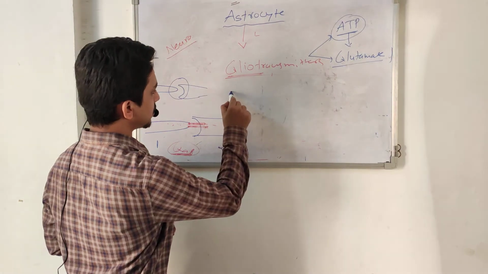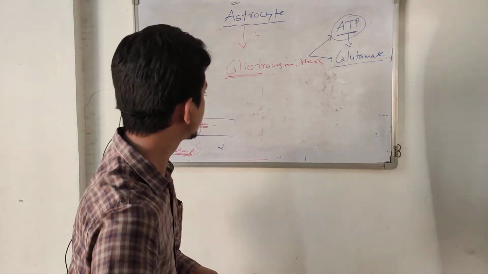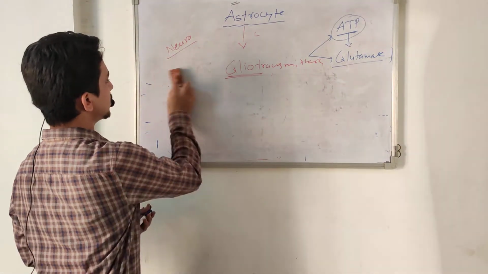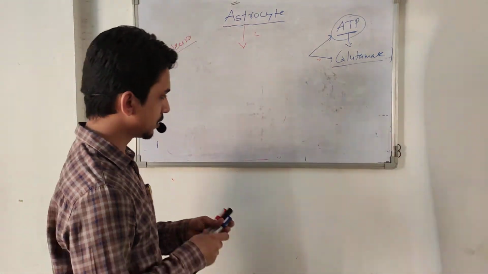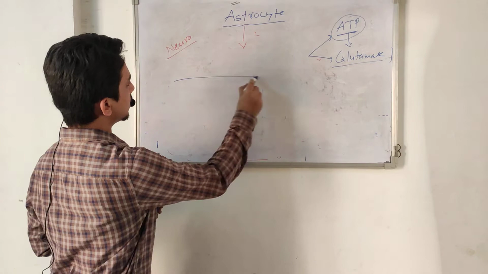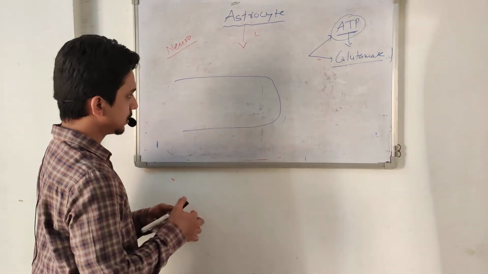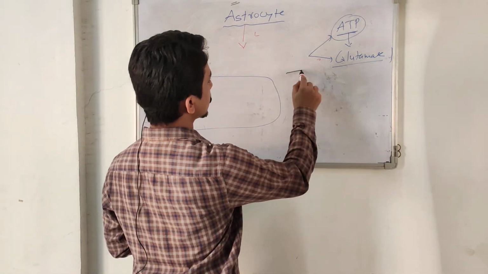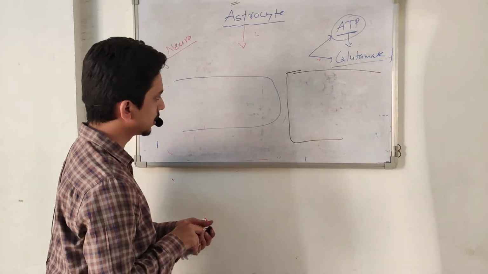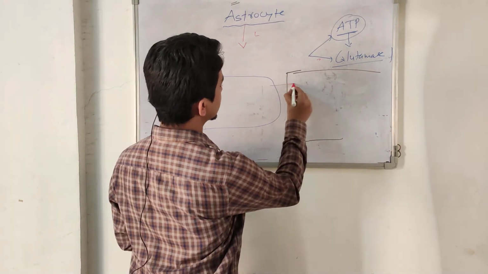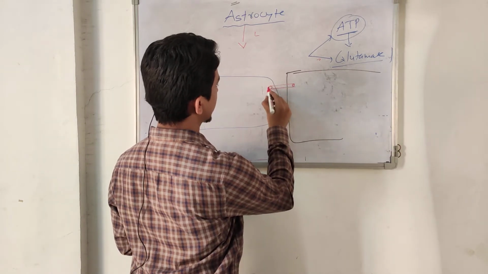Suppose I draw a larger diagram of two astrocytes. This is one, and here the second, and they are connected with a microtubule. This is the connection. This is an aqueous tubule.